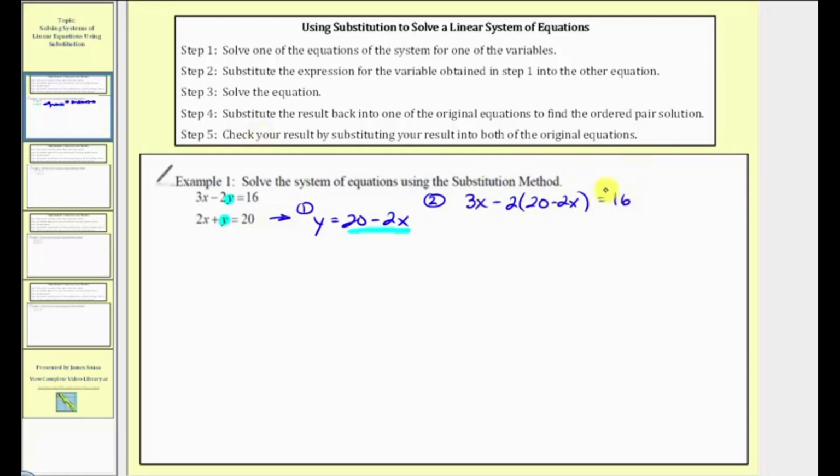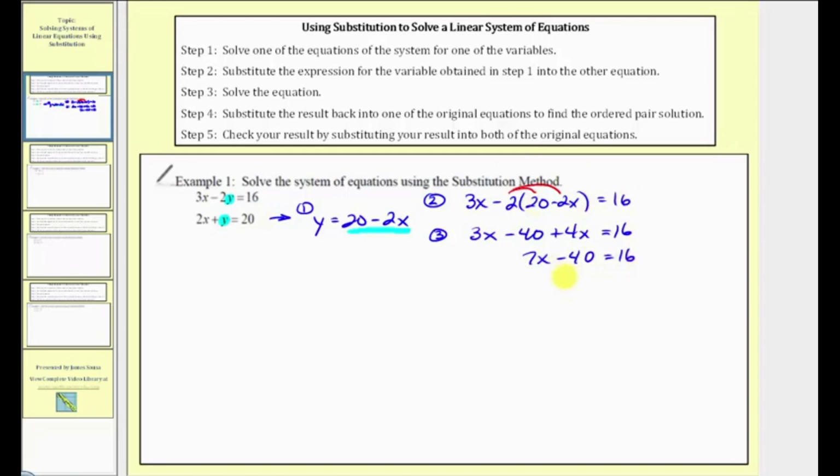Step 3, we want to solve this equation. So we would clear the parentheses by distributing. Because of the subtraction, we would distribute negative 2. So step 3, we'd have 3x minus 40 plus 4x equals 16. Combining like terms, 3x plus 4x is 7x.